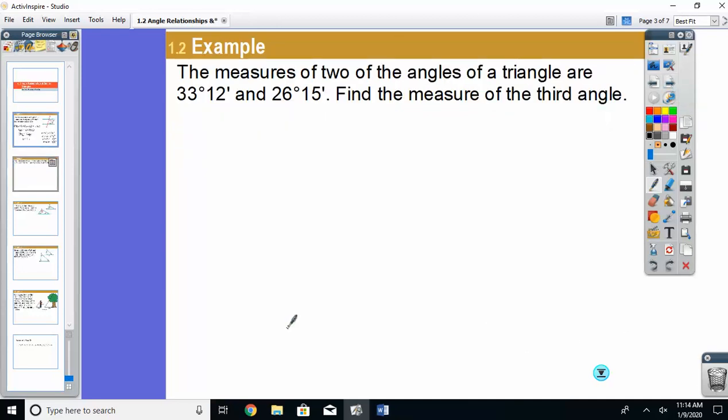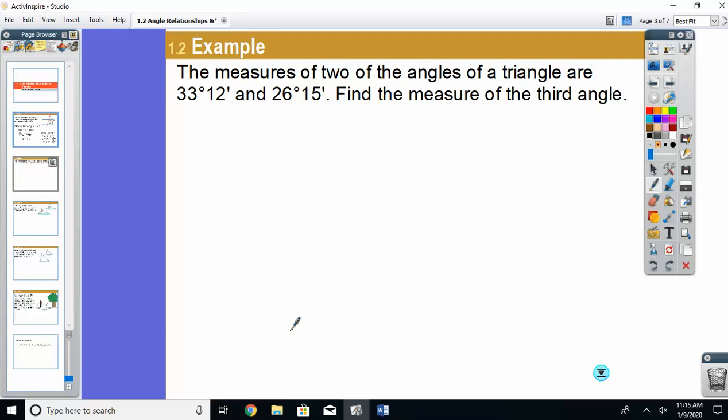Get this problem. So the measures of two angles in a triangle are 33 degrees 12 minutes and 26 degrees 15 minutes.